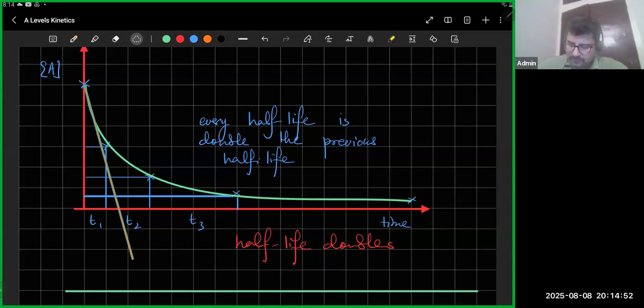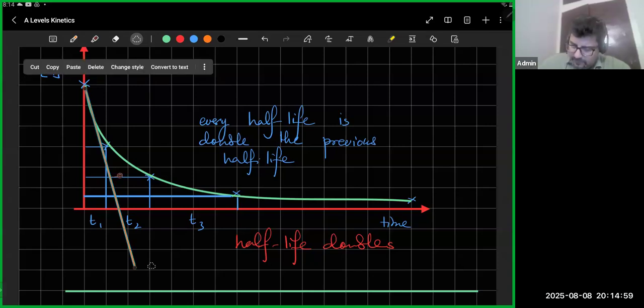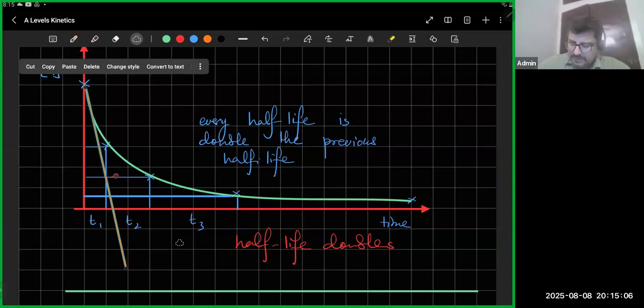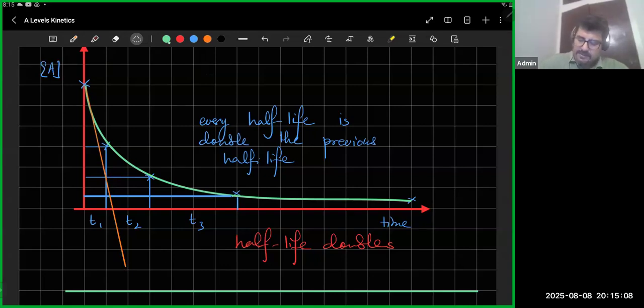So, that's your initial rate. And it's change in concentration with respect to time. I mean, normally it's any change with respect to time. Change in concentration with respect to time, so it could be mole per dm cube per second.